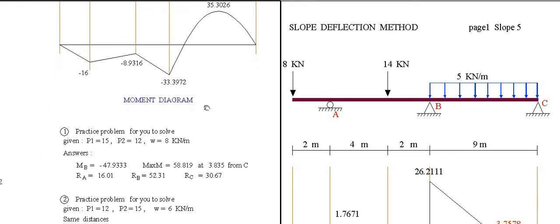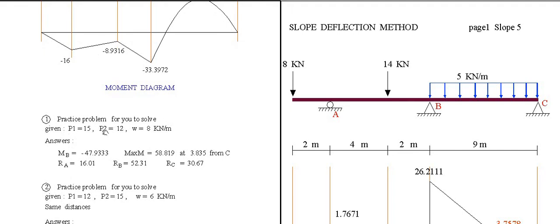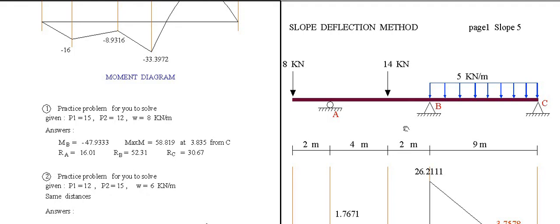If you change the value of the given P1 as 15 here, then P2 is 12 here, W as 8 here, and do not change the distances, then the moment at B is minus 47.9333.